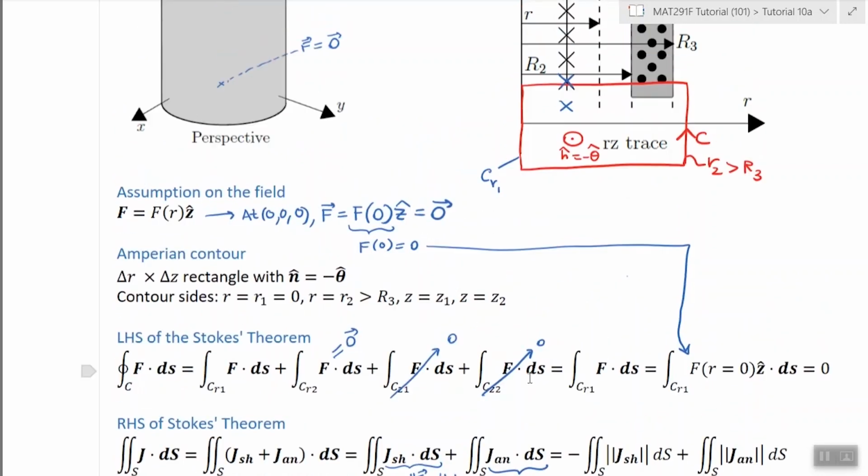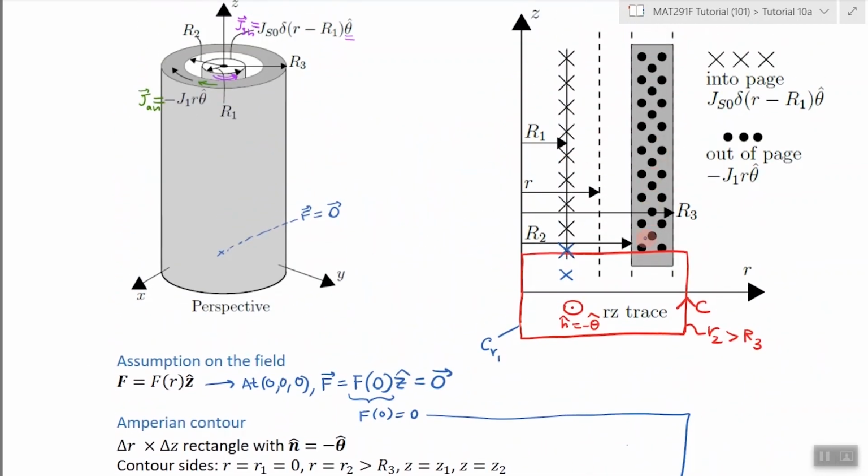Why? Because this current density is out of the page. So then when you take a dot product with the differential surface element, you would get a positive product. By the way, I keep pointing to this one. Well, the correct one would actually be another vector because n hat is not equal to ds, but they are in the same direction.